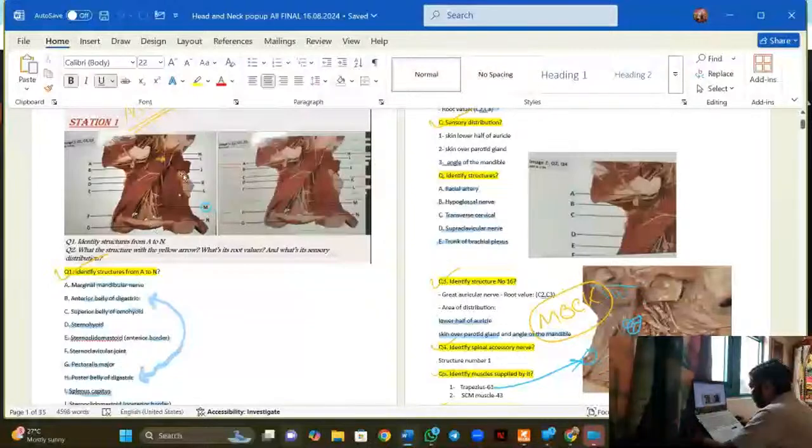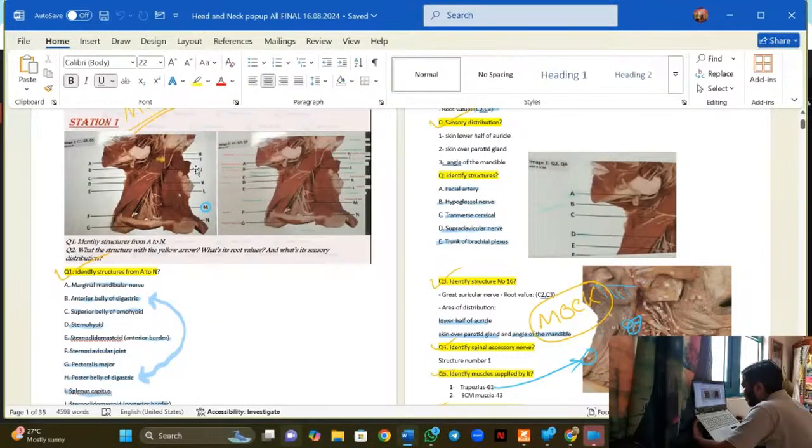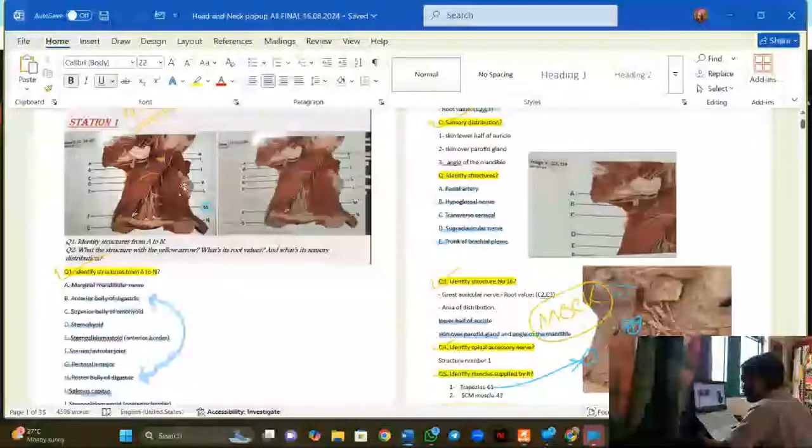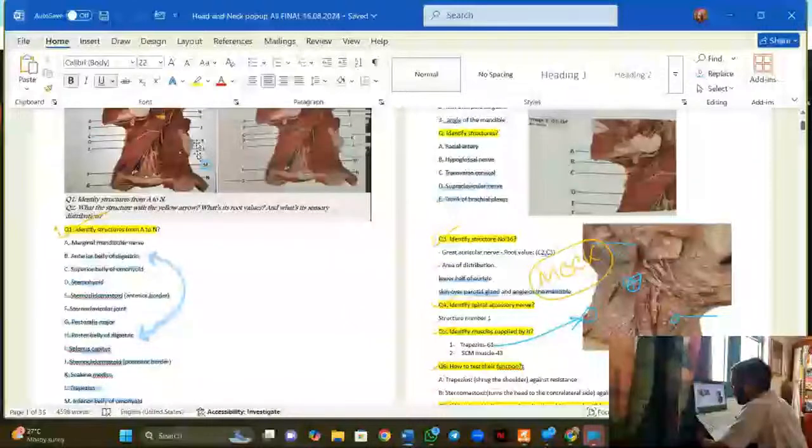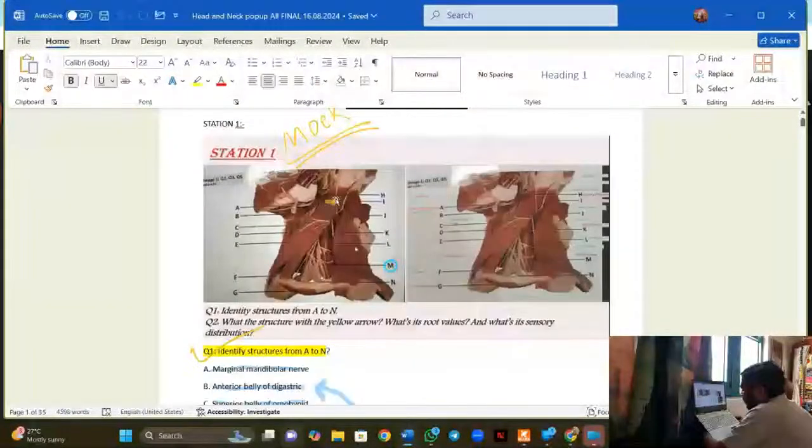H, posterior belly of digastric. I, splenius capitis. J, posterior border of sternocleidomastoid. K, splenius medius. L, trapezius. M is inferior belly.